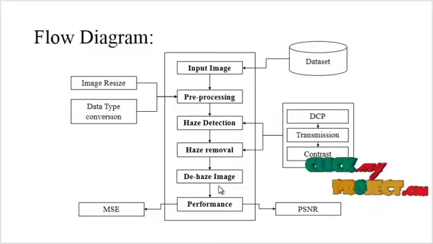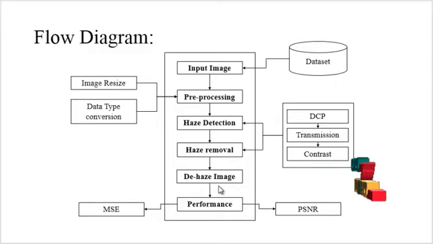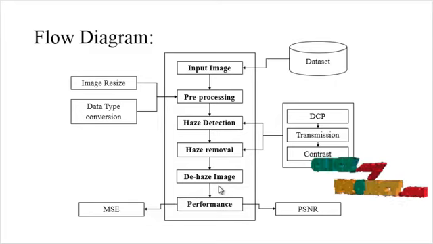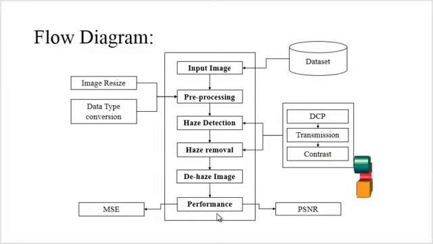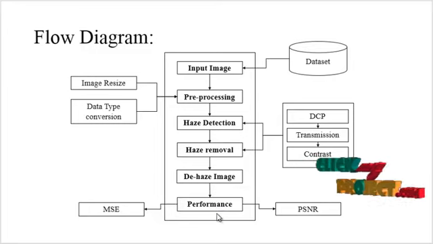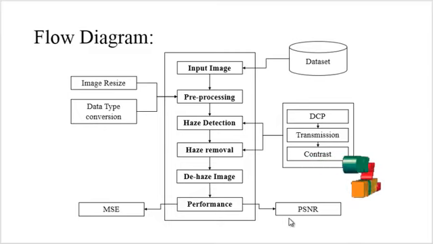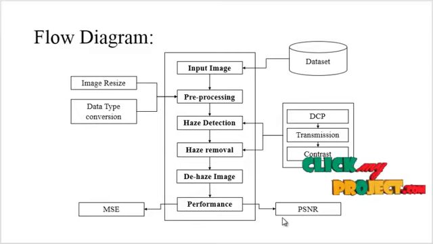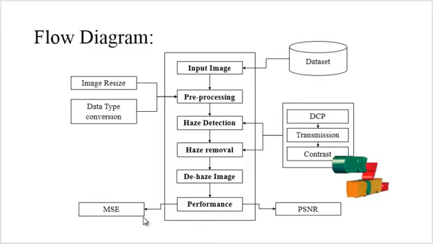The other unwanted pixels, that is the hazy pixels, will be removed from that particular image. After the haze removal, we move on to the final step of the project, that is the performance estimation. In this performance step, we have two kinds of performance parameters, that is PSNR and MSE. PSNR stands for peak signal to noise ratio and MSE stands for mean square error.